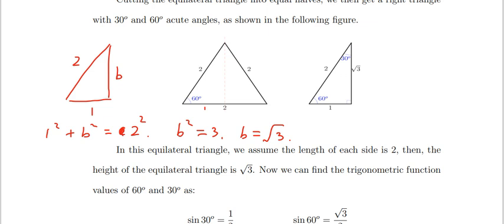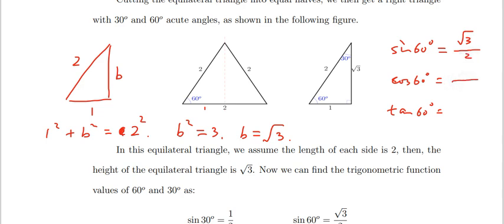So from this large triangle, we can find the 60 degree values: sine, cosine, and tangent. Sine equals opposite side over hypotenuse, so radical 3 over 2.